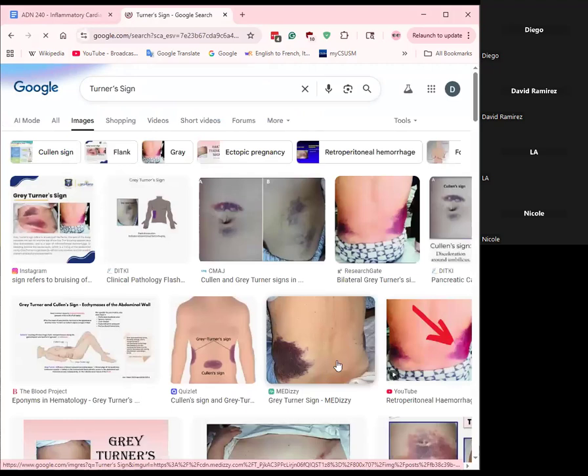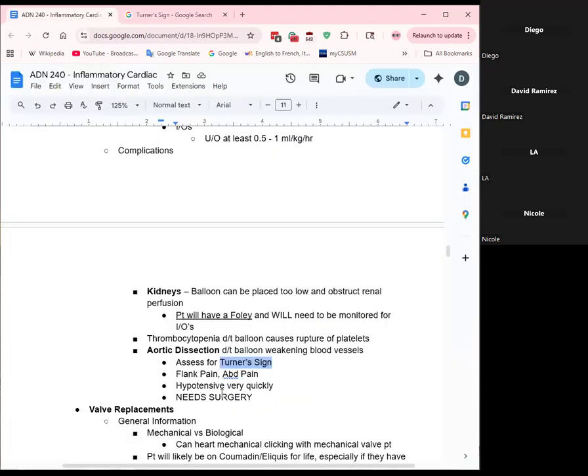It's that flank purpling from internalized bleeding. That would mean they need to go to surgery right away because that pumping has caused a tear.